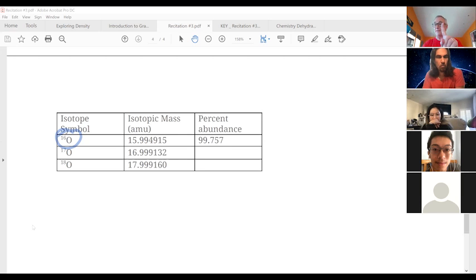So one atom of oxygen 16 has the mass of 15.9949 atomic mass units. And the mass of one oxygen 17 atom is 1 atomic mass unit more, and 18 is 1 atomic mass unit more.